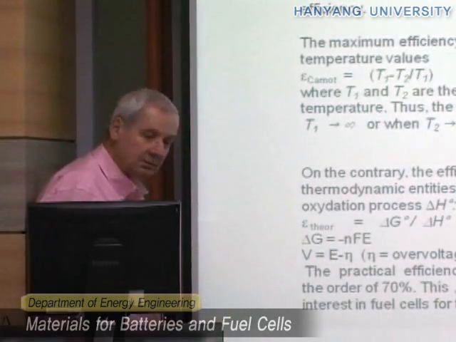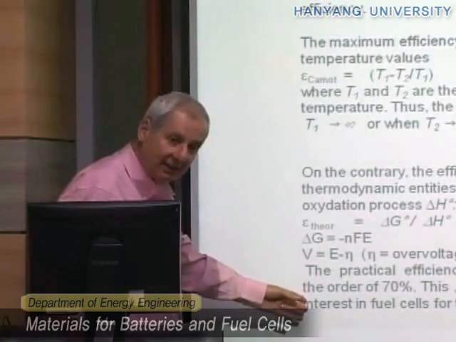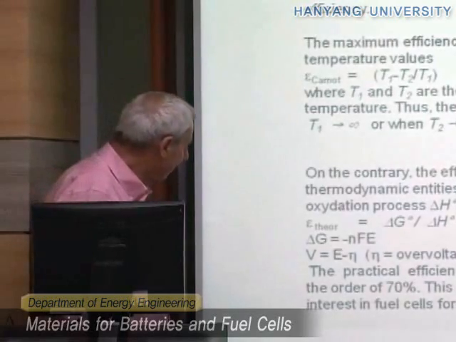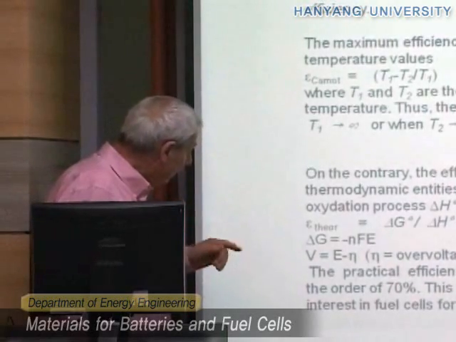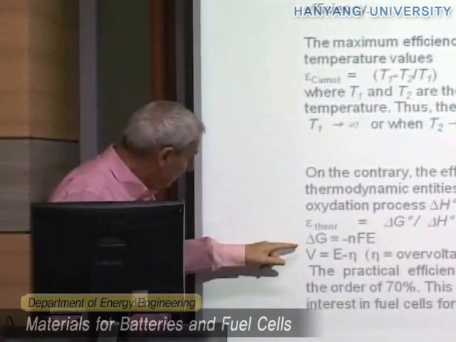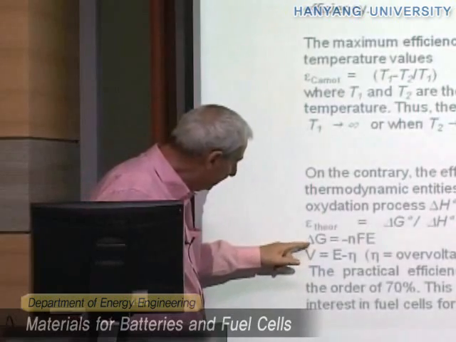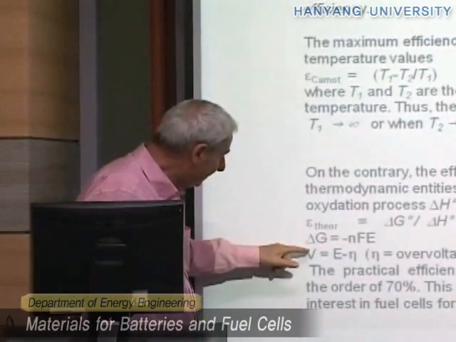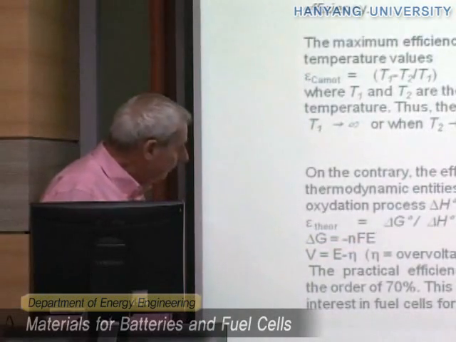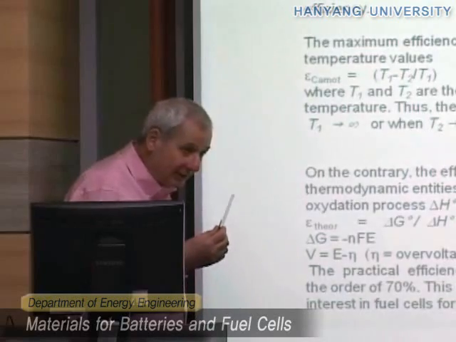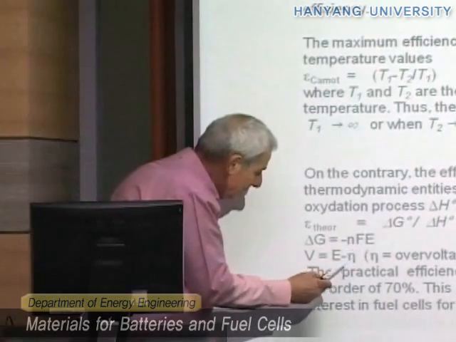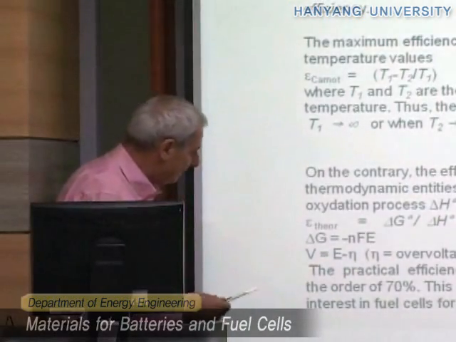Maybe you can see here, down here, but you should have this in your notes, right? Of course, in practical conditions, delta G is equal to this equation. In practical conditions, the voltage, the potential of the cell, is lower than E, because we have overvoltages. We discussed that already.